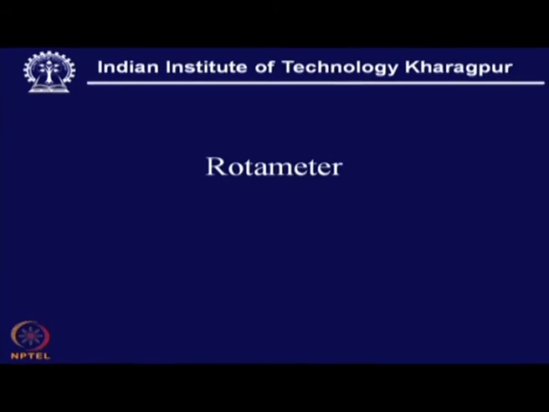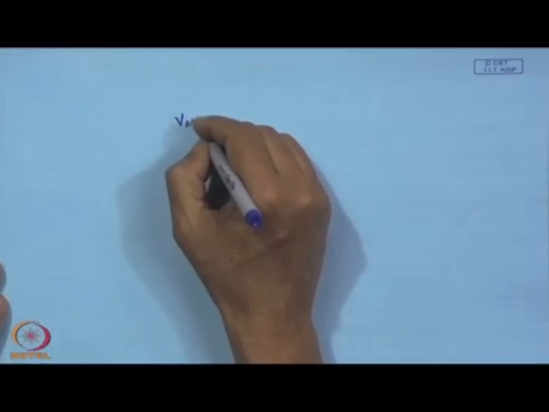So, it is called a rotameter. For flow measurement, fluid flow or gas flow measurement, we have various meters, say orifice meter, venturi meter, something like that. But here what we see is called a variable area meter.